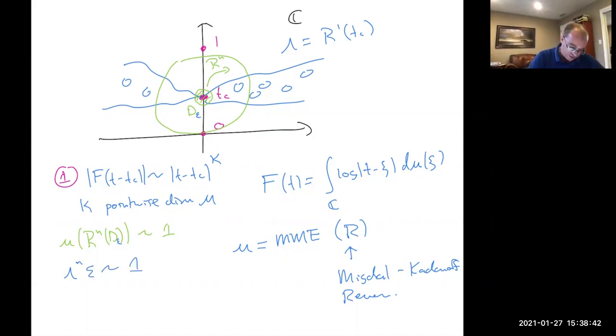And so the point is that n log lambda plus log epsilon is like 0. So n log lambda is like minus log epsilon.